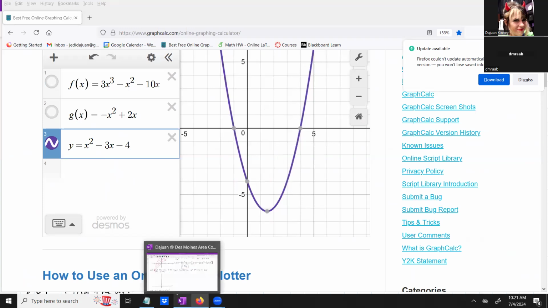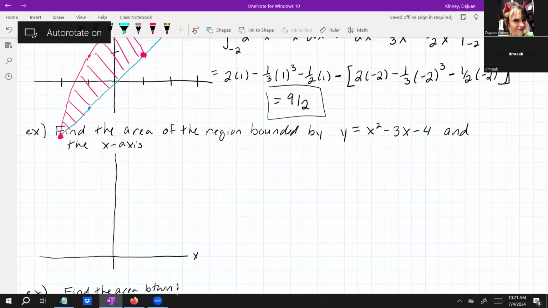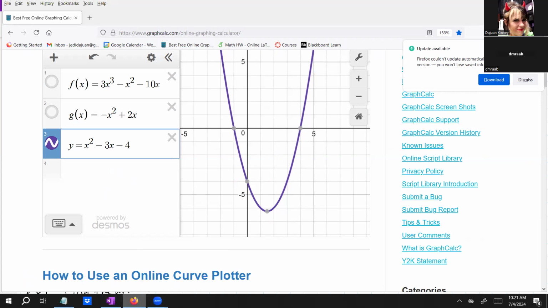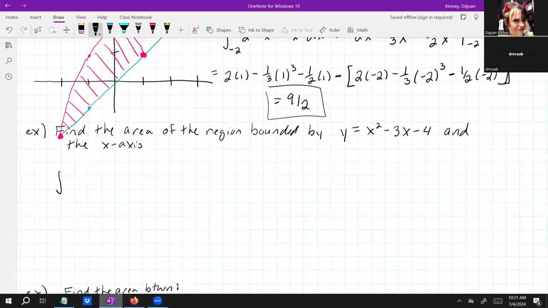So I go from -1 to 4 of 0 minus our equation, x squared minus 3x minus 4 dx.